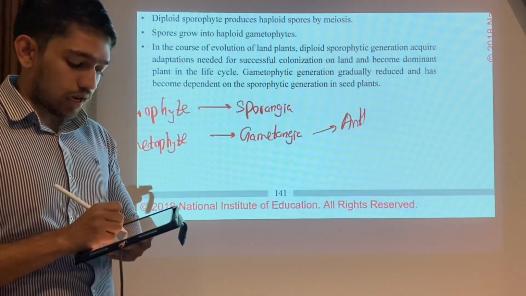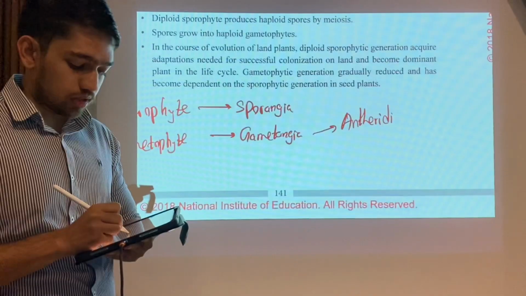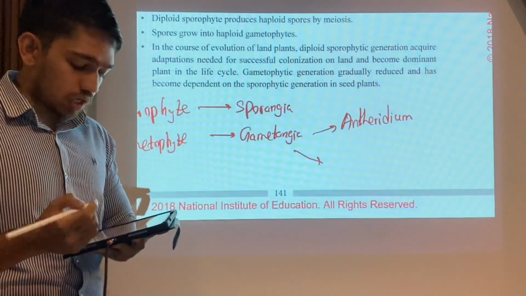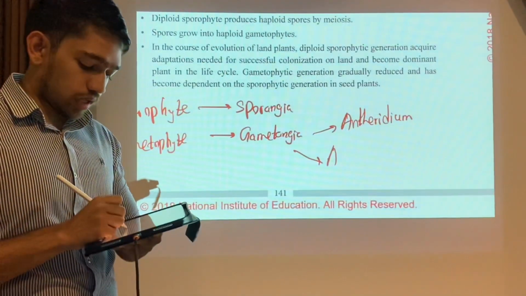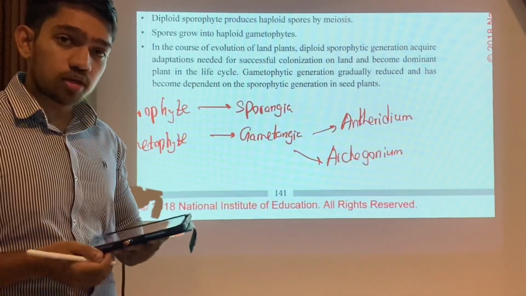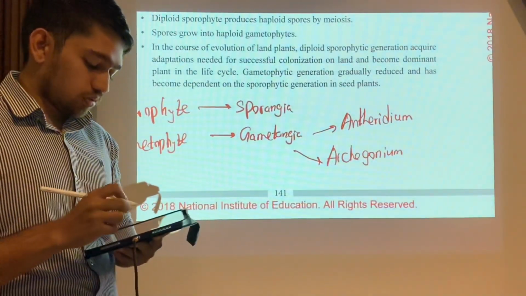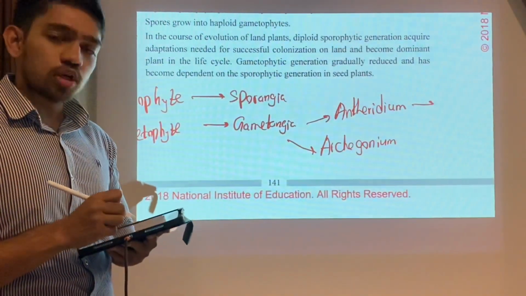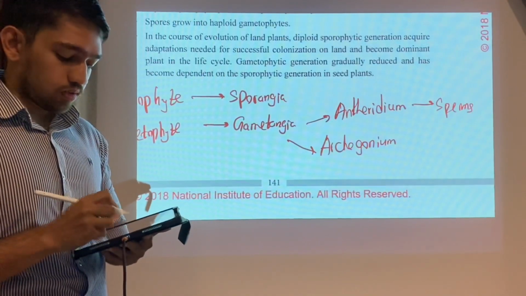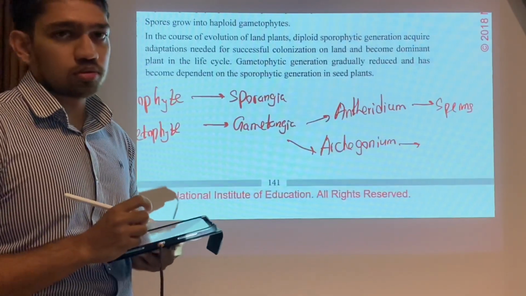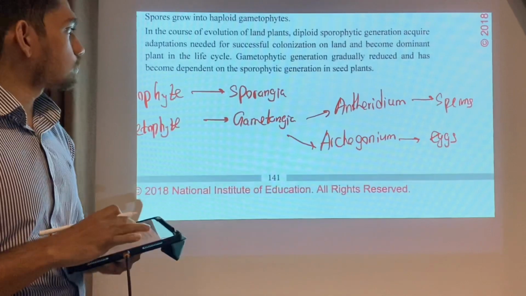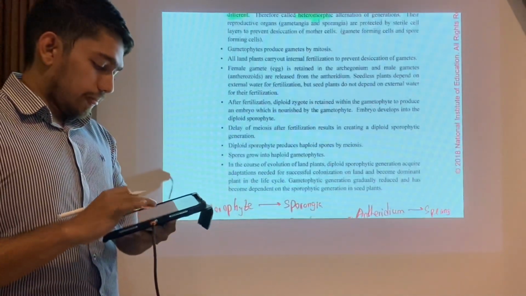We call it an antheridium, antheridium single. Okay, and if the gametangium is female, we call it an archegonium. Female gametangium is known as archegonium, right? So the antheridium is going to produce male gametes, which are sperms, right? And the archegonium is going to produce female gametes, which are eggs. Okay, right. Then let's continue.